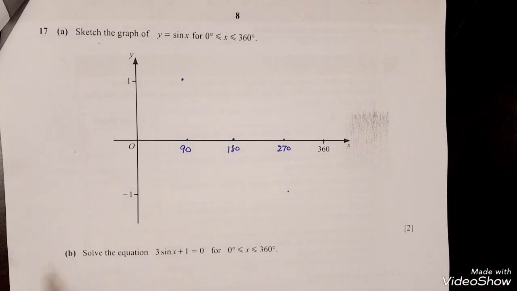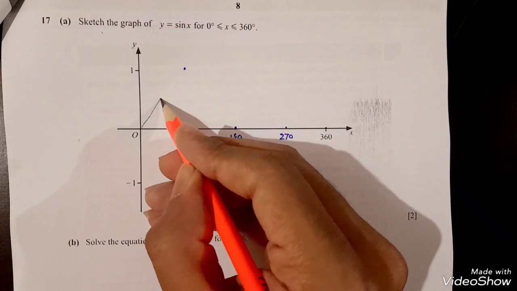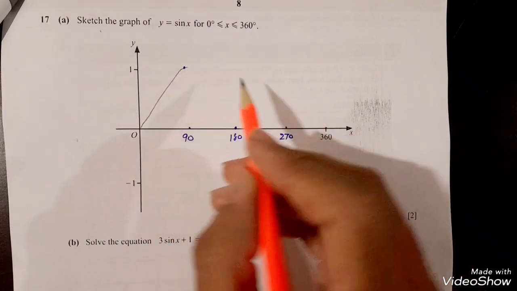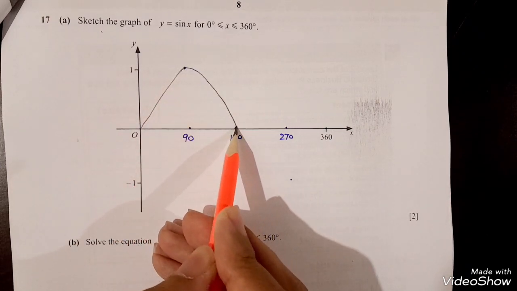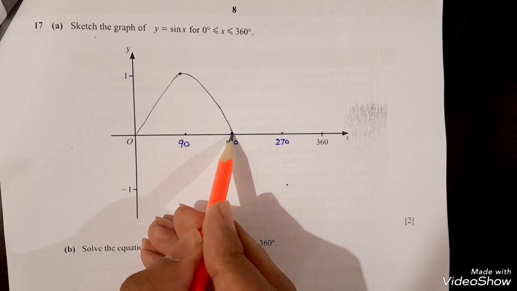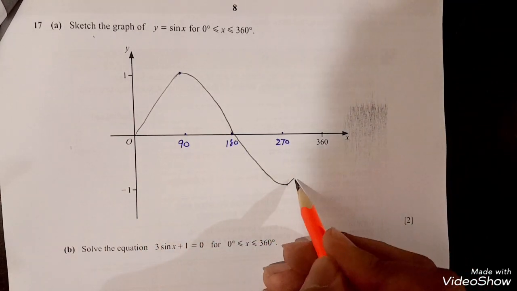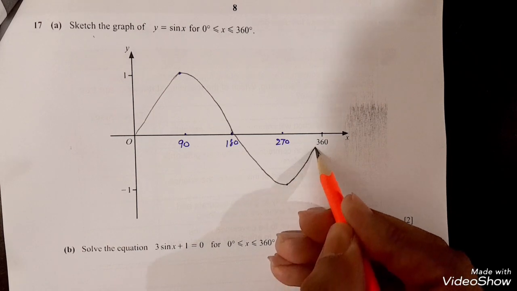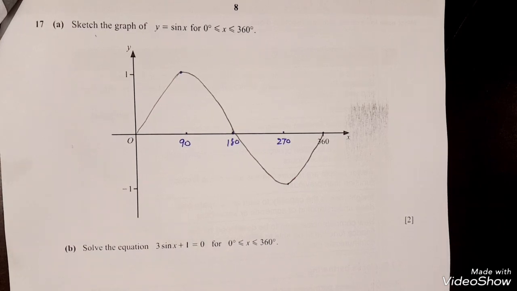Then we will use the pencil to draw a smooth line from here, like this, up till 360 degrees. So this is how we will draw this sketch of the graph of y is equal to sine x.